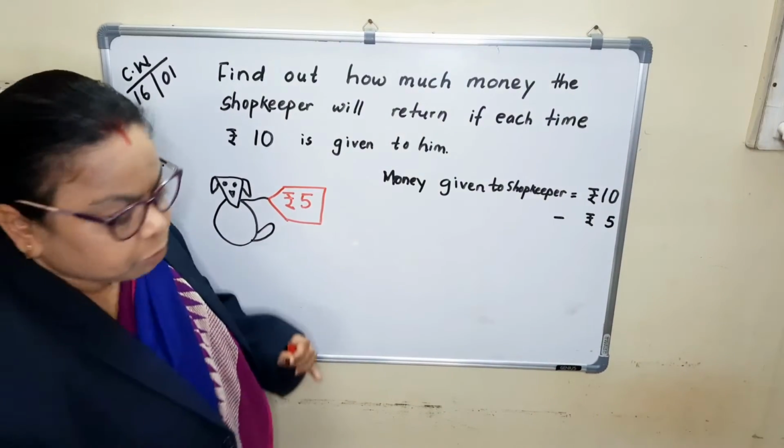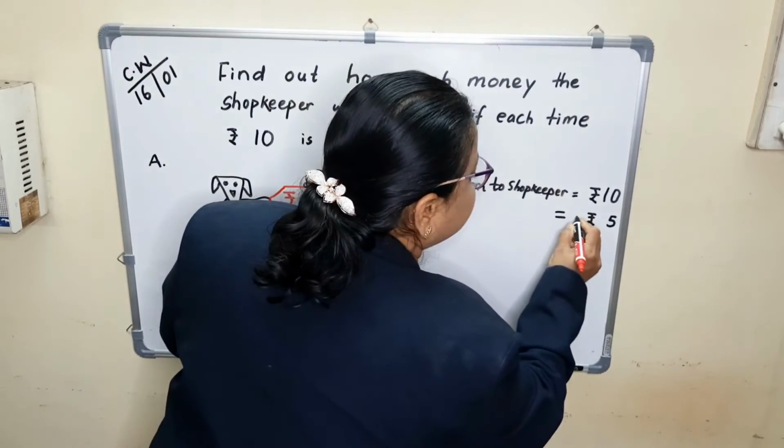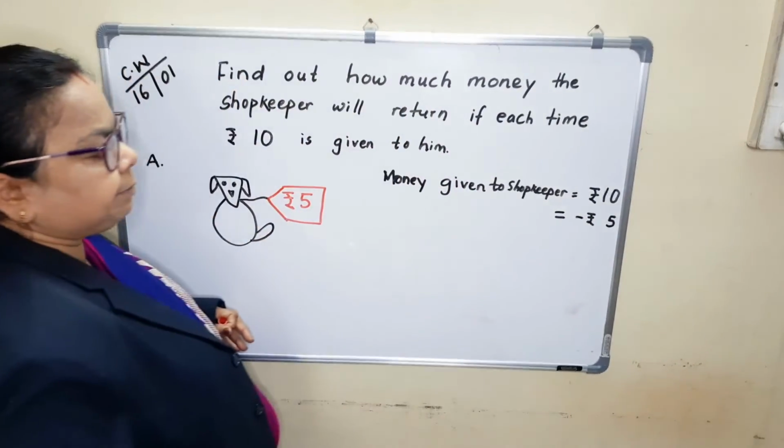So, what will he do? He will minus rupees 5.